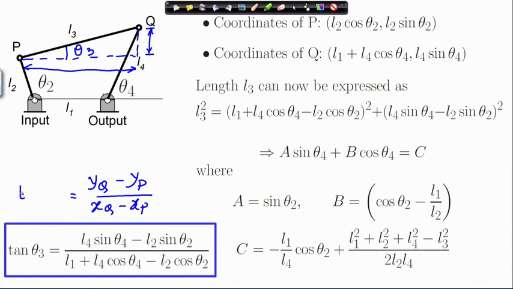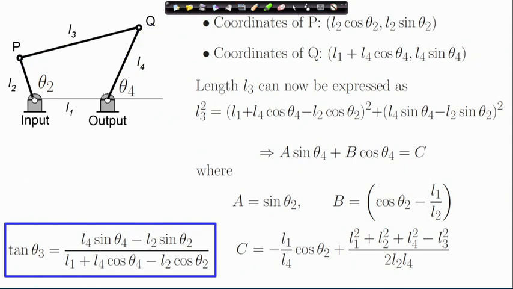That is tangent theta 3. So, you can just substitute these expressions and find what it is. Once I have solved for theta 4, because theta 2 is already known, I can substitute here and get theta 3. So, that is our plan.